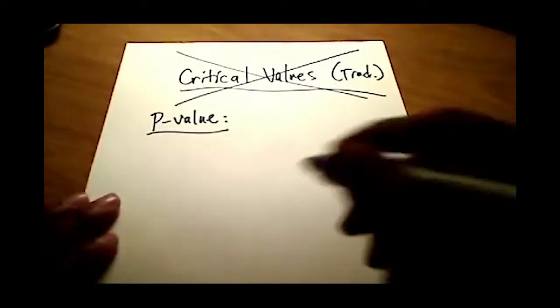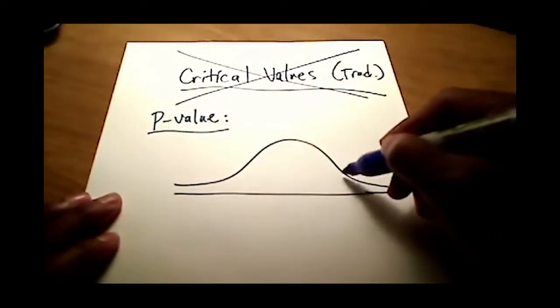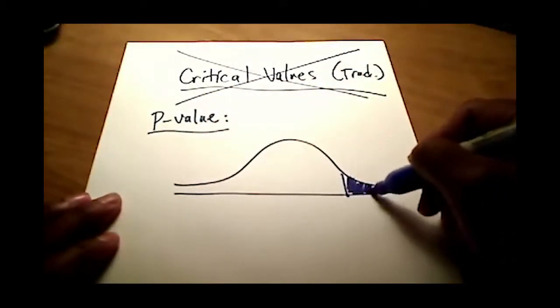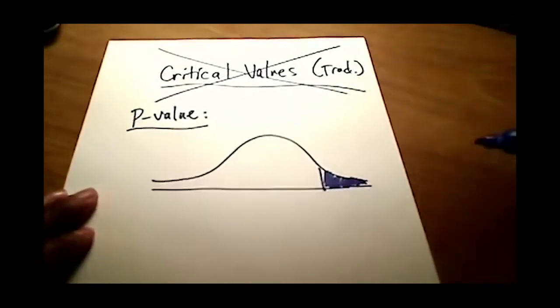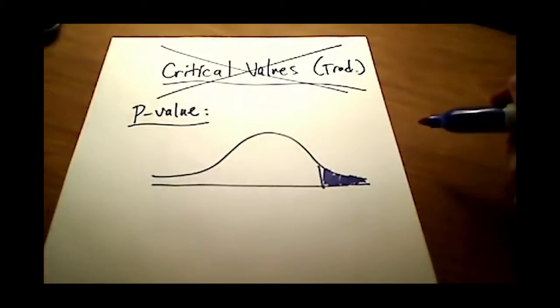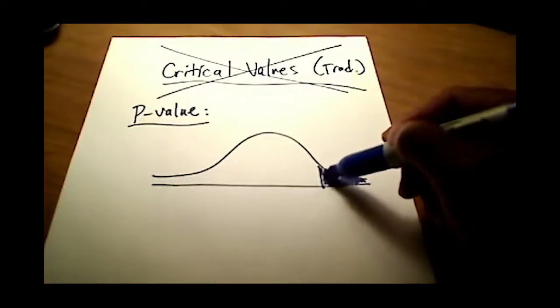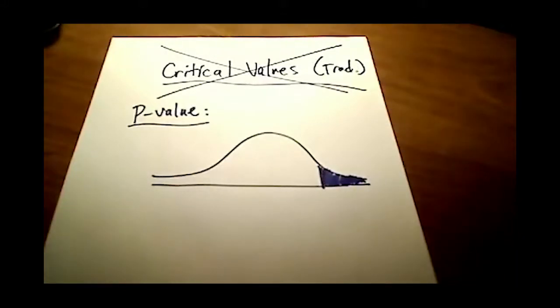So let's say, for example, we were dealing with a right tail test. So I'll draw a little right tail here. That's our H sub 1 with a greater than. Then what the p-value says is this.